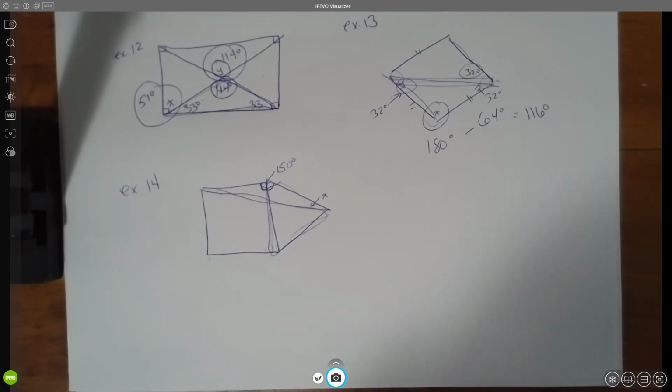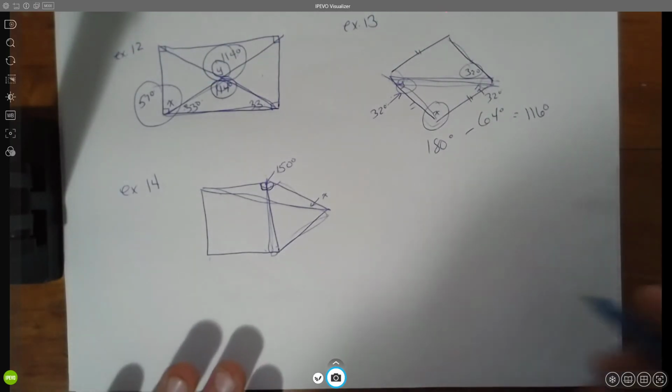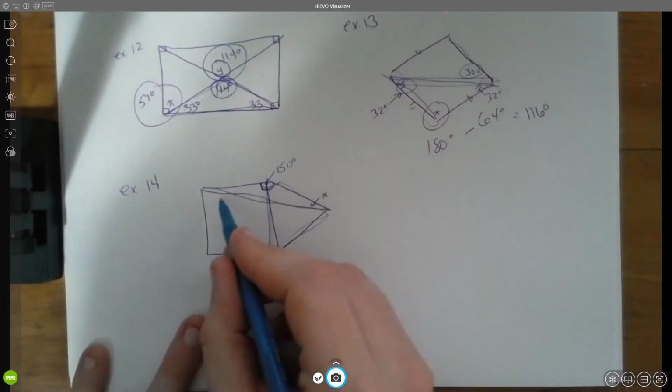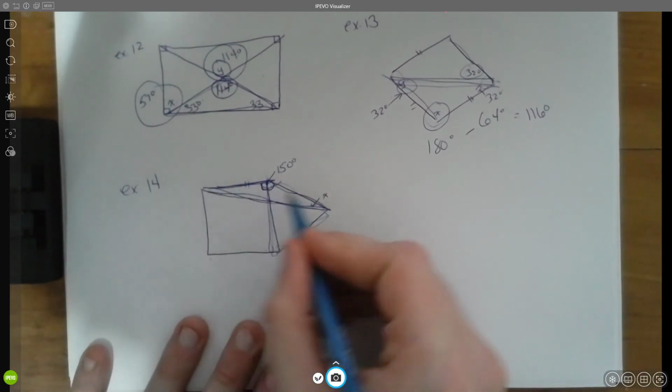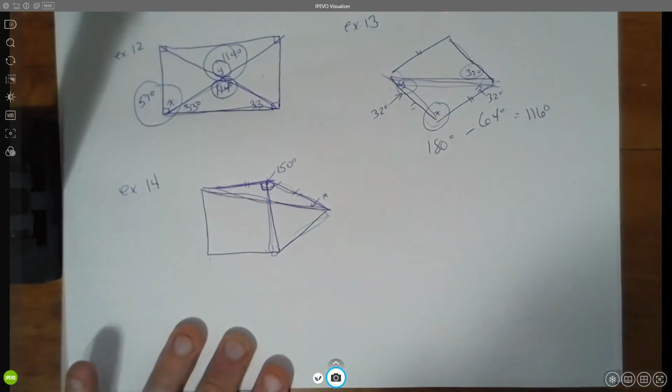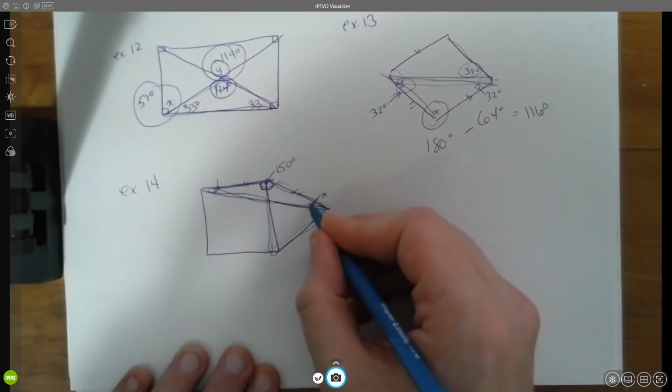Okay. Now, our next bit of information has to do with understanding that this is an isosceles triangle. So these two are going to be the same length. If that's the case, then that means that this angle and this angle are the same.